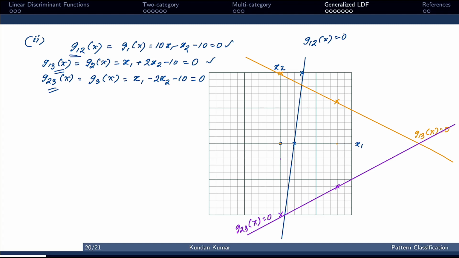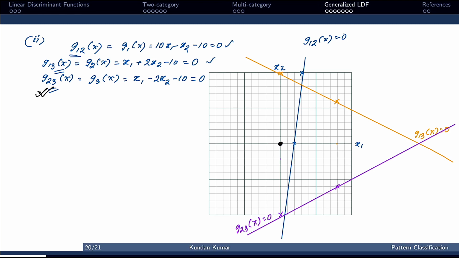Now we have to define the positive side and the negative side of the decision surfaces. So first we can look at g23(x) equal to 0. Here in this equation we can check which side the origin is on, negative or positive.